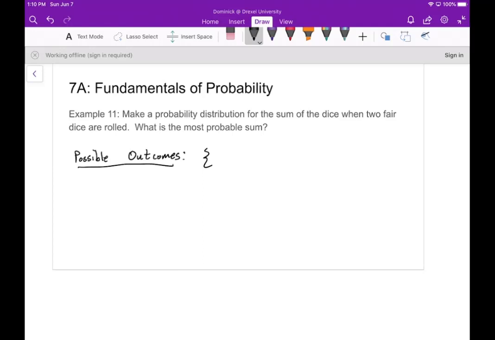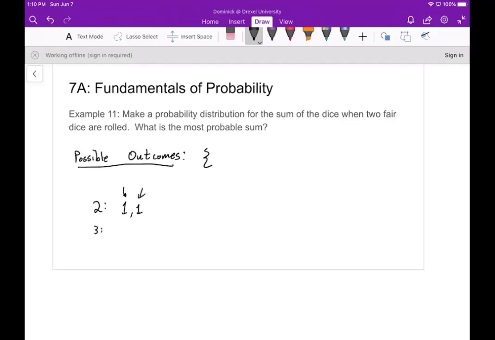Now, the first possible sum that you can have, right, is 2, because you could have both of them be a 1. I could have the first die be a 1 and the second die be 1, and that's the only way that you can get that. So there's one possible way to get a 2 to come out.